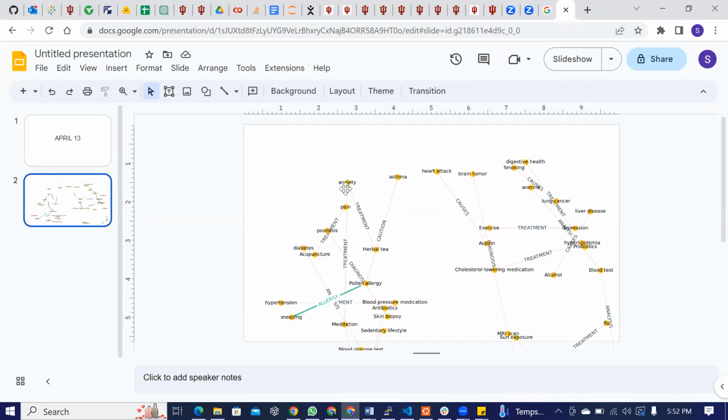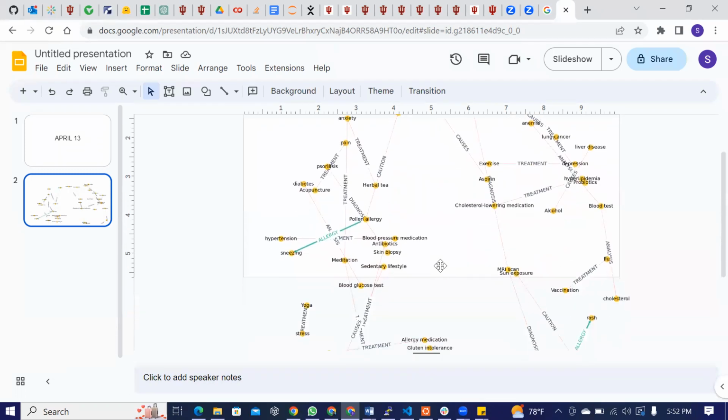Anxiety, meditation, treatment; anxiety, herbal tea, treatment. So anxiety can go into either meditation or herbal tea. You can see pain, acupuncture, and other treatment plans. You can see most of these things leading to each other. I want a very interesting knowledge graph.